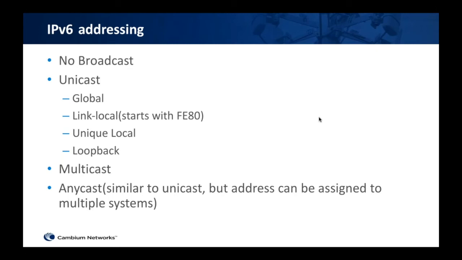You can think about those IPv6 addresses as the local network addresses in IPv4, like 172 or 10 something. And there is also loopback, which is similar to the IPv4 loopback addressing.